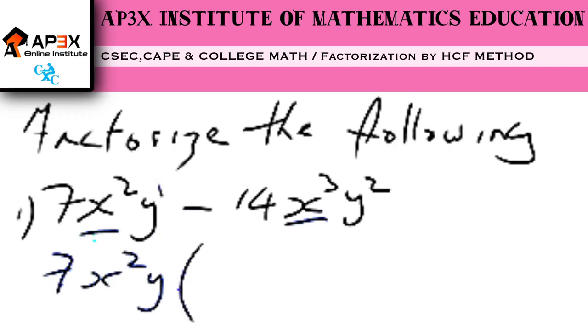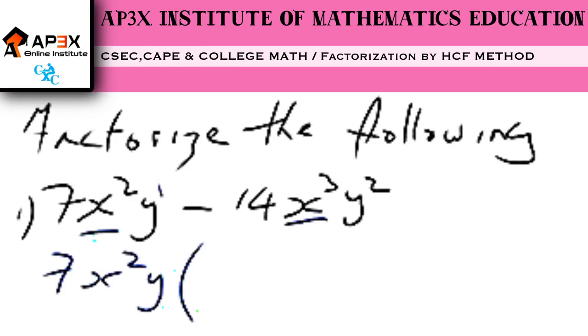Now, taking out the HCF means that we're taking out the highest common factor from this expression here, and we're also taking out the highest common factor from this expression as well. So therefore, the best way to look at this, guys, is to say that 7 into 7 goes one time, x squared into x squared goes one time, and y into y goes one time.